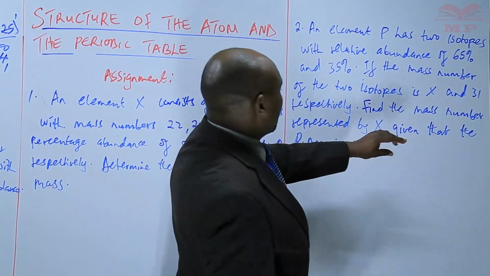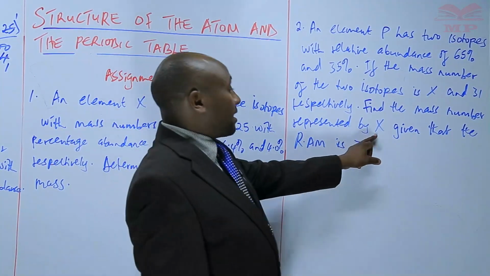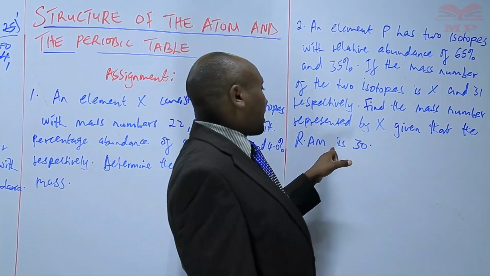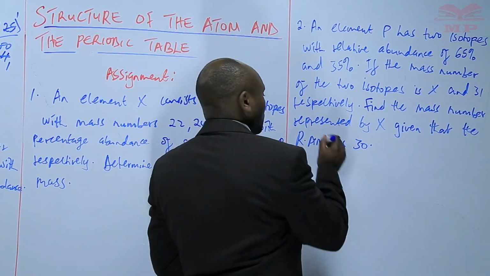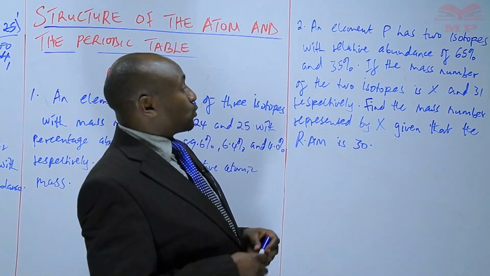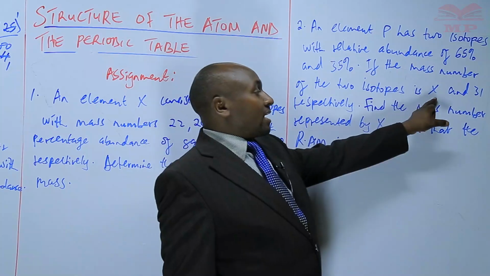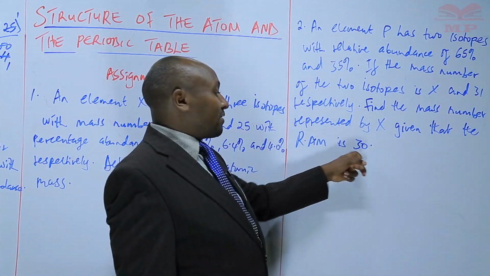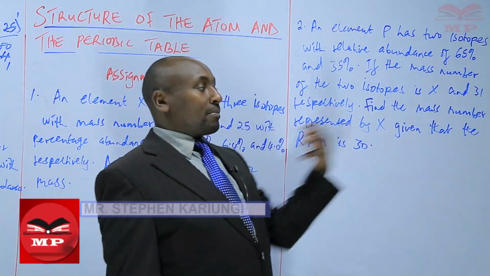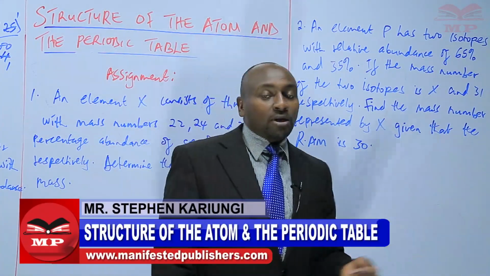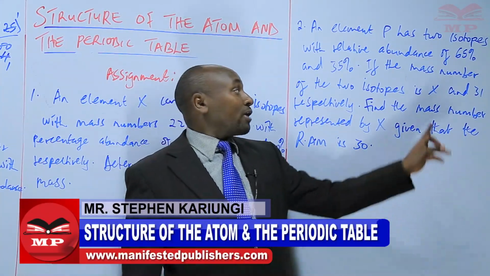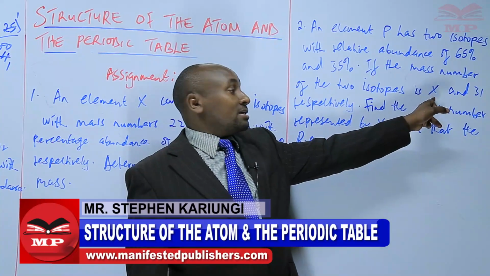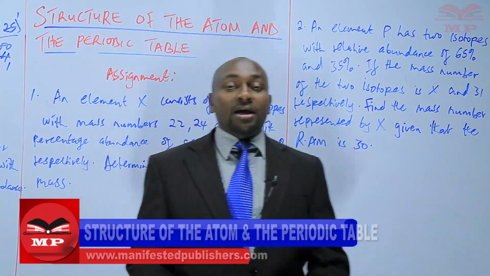Find the mass number represented by X given that the RAM is 30. So in this case, you're supposed to calculate with X as the unknown. But on this, we know the relative atomic mass. So we can work backwards, still using the same formula, and get the mass of the isotope that is X. So we'll stop there.